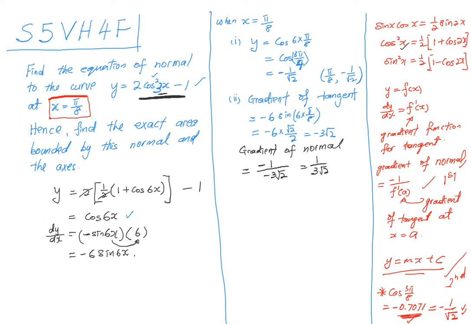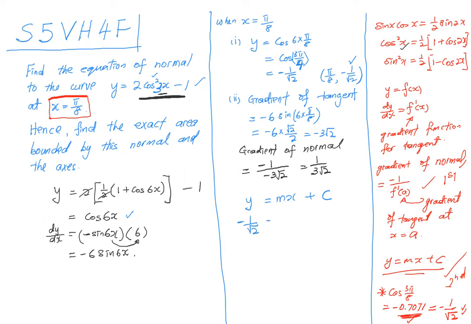So after I have done this, then I put into y equal to mx plus c. So my y is this one, negative 1 over root 2.